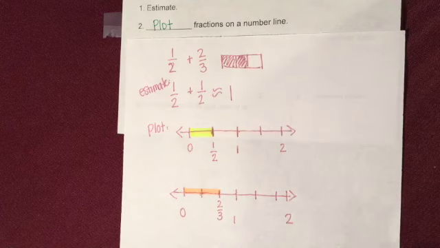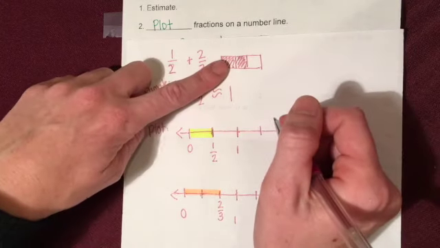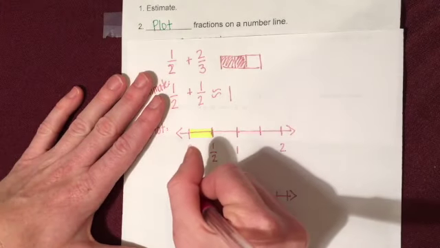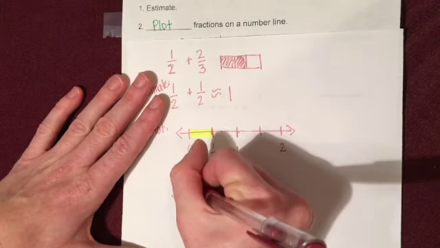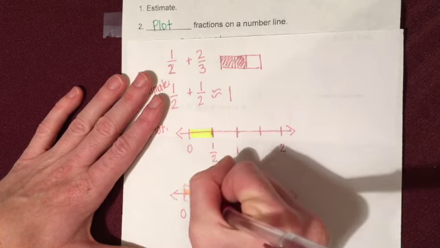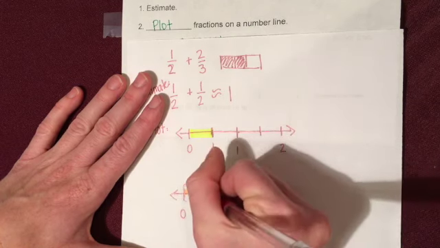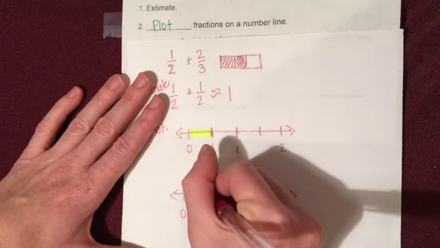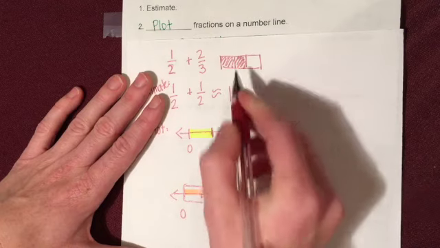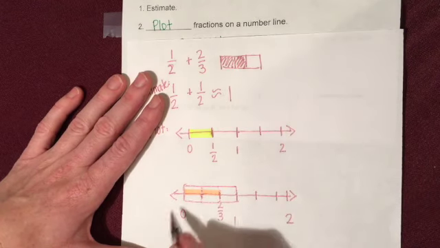But I'm going to also make those tick marks over on the other side as well. If it helps, here's a trick. 2/3 is up here. I'm just going to show you how that box looks on a number line as well. So if you look here, I have my tick marks on the number line, but I'm just going to continue them and make a shape, a rectangle, just like I had for my whole.